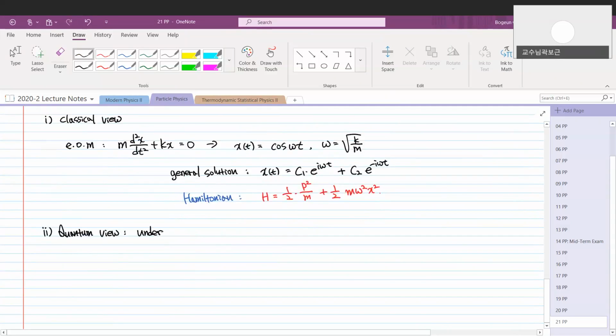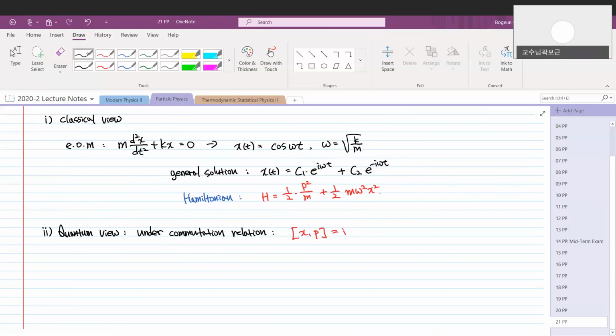So we should consider the commutation relation, for example, x comma p equals i.